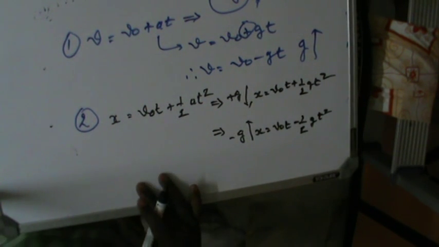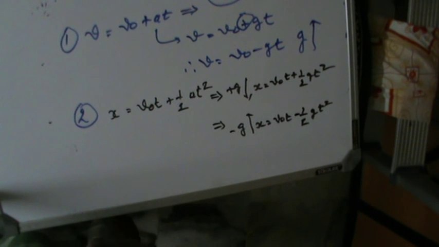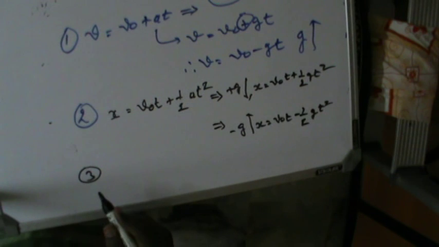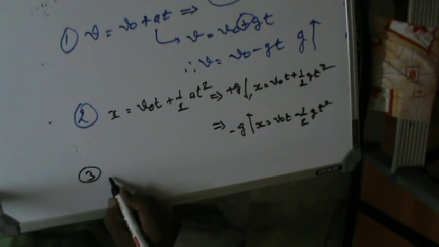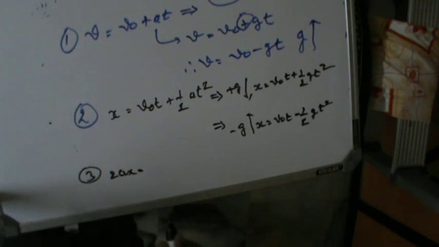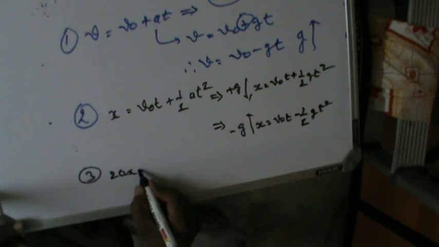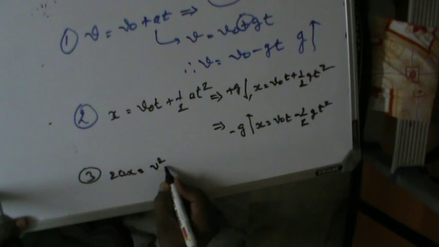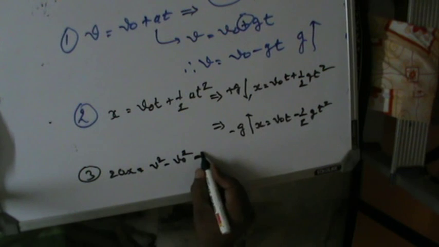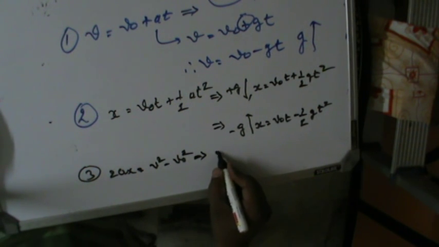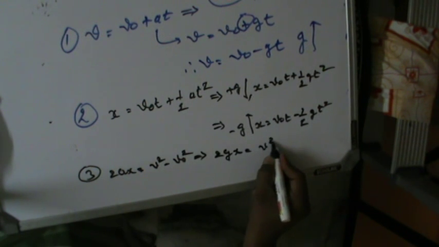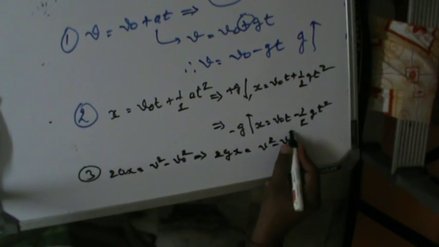Similarly, for the third equation, we can calculate the same thing for plus g and minus g. Twice ax is equal to v square minus v0 square, you know very well. Transfer this in the form of plus g: twice gx is equal to v square minus v0 square.